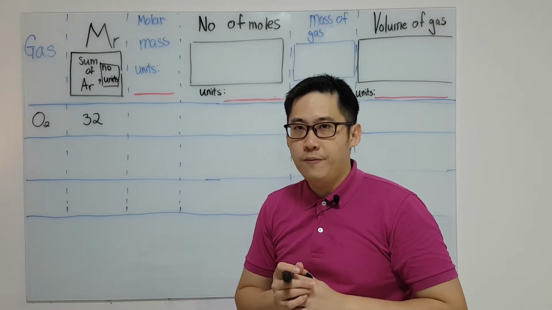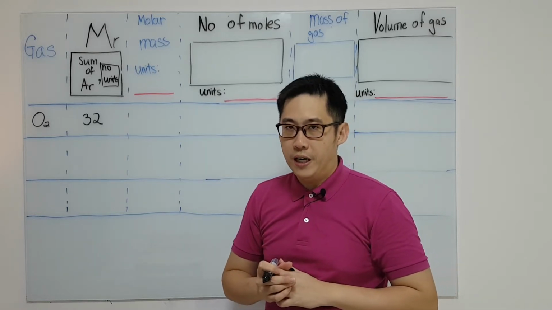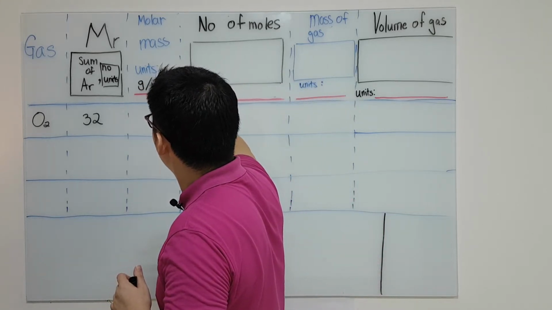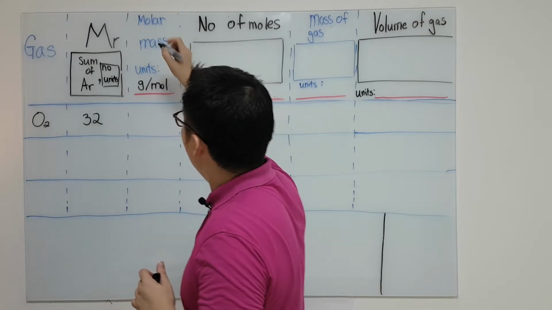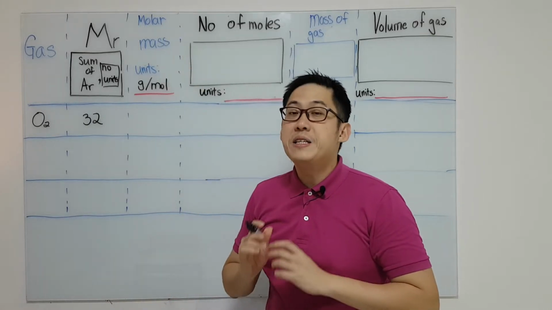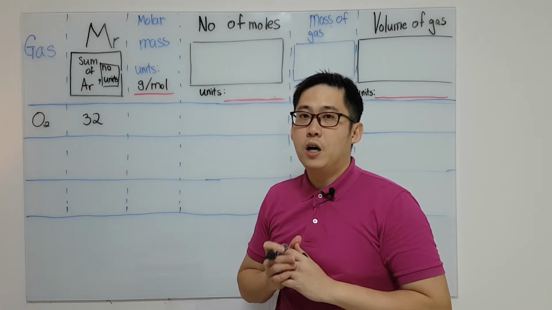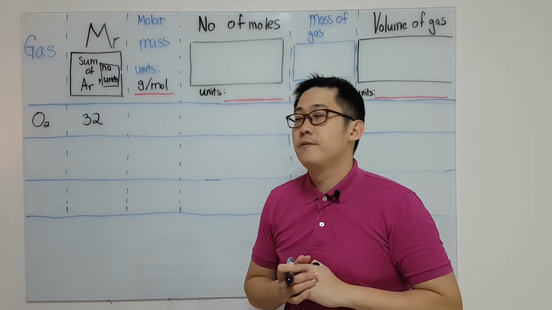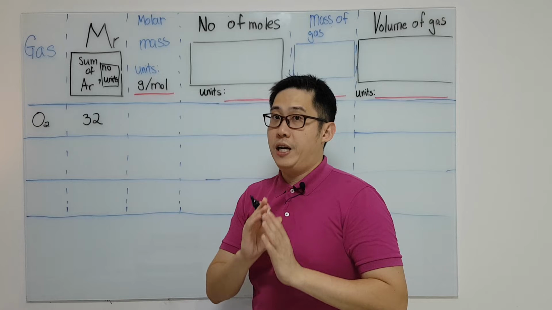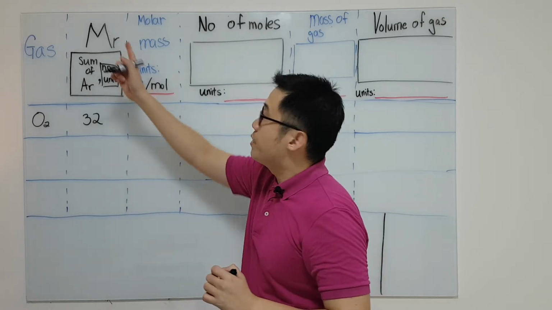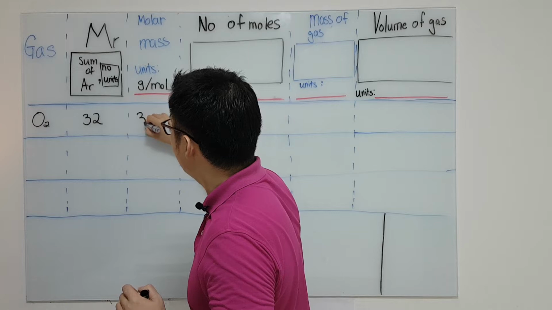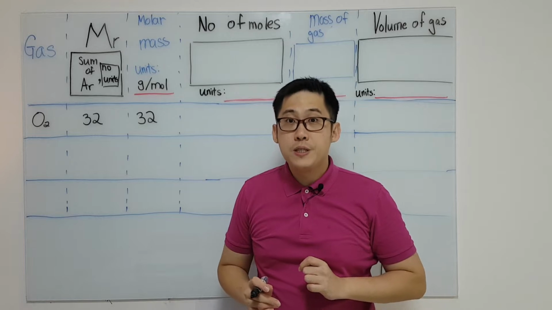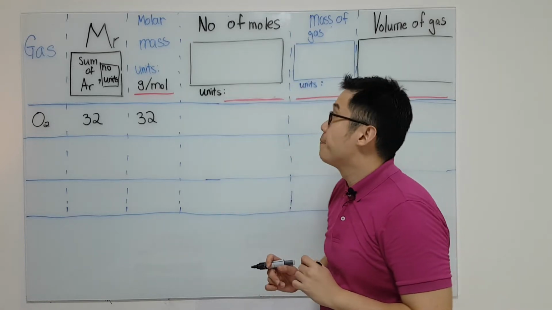The unit of a molar mass is grams per mole, because molar mass is the mass a mole of the substance would have. It is numerically the same as the relative molecular mass, which is also 32, but it has units, and the unit is grams per mole.